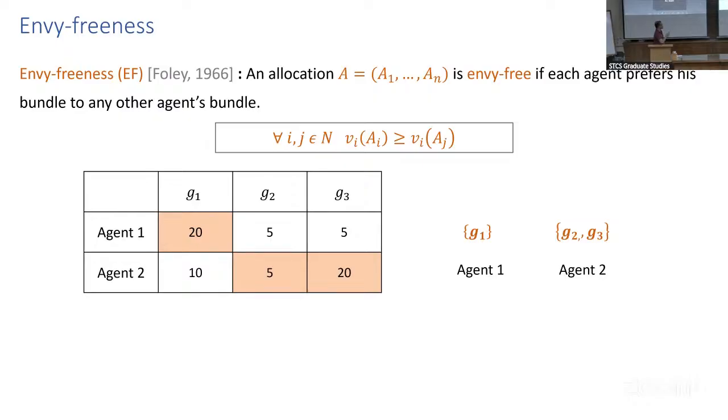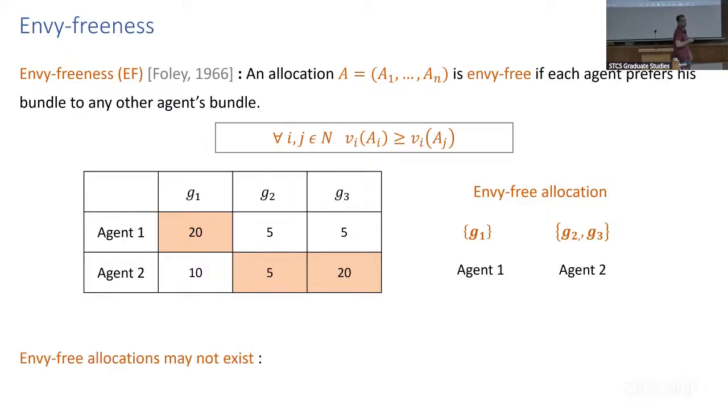Suppose we have two agents and three goods, and these are the values that the agents have for the goods. Now consider the allocation where agent 1 gets item G1 and agent 2 gets G2 and G3. This is an envy-free allocation because agent 1 has value 20 for his bundle, and his value for agent 2's bundle is 5 plus 5, which is 10. So he prefers his own bundle over agent 2's bundle. And similarly, agent 2 also prefers his own bundle over agent 1's bundle.